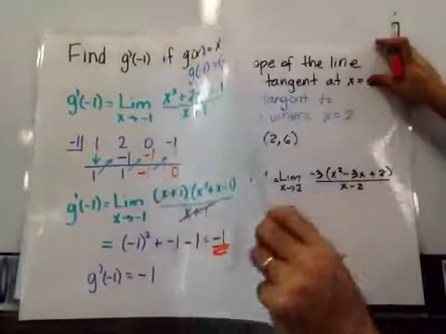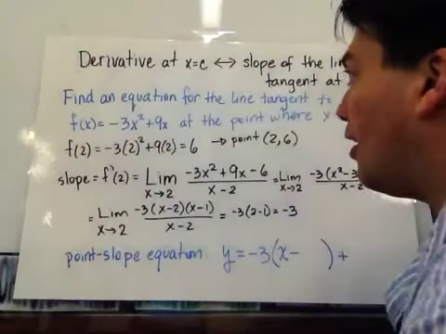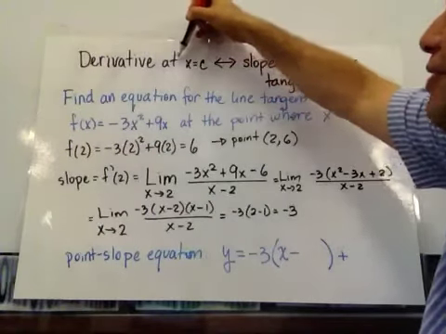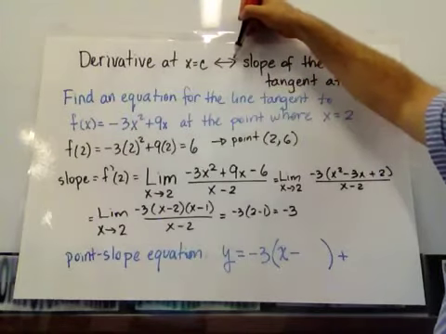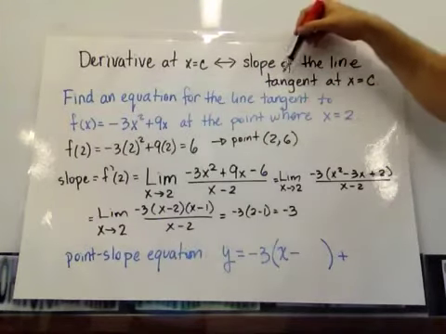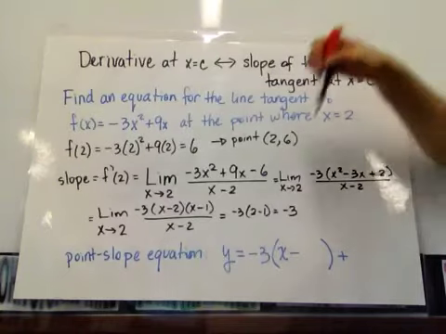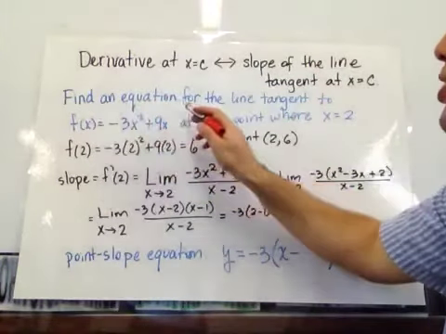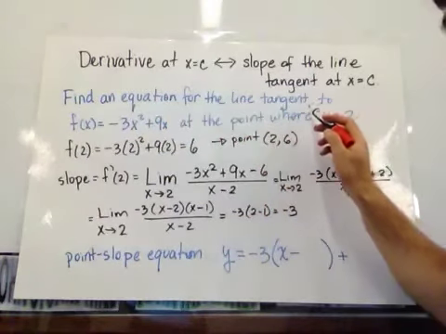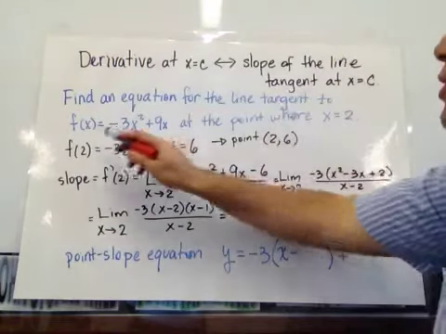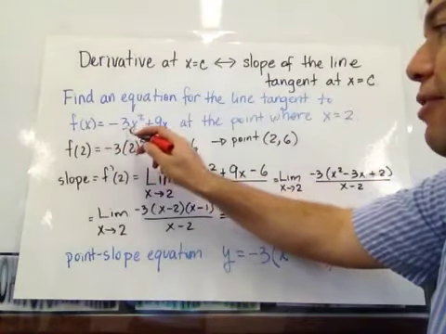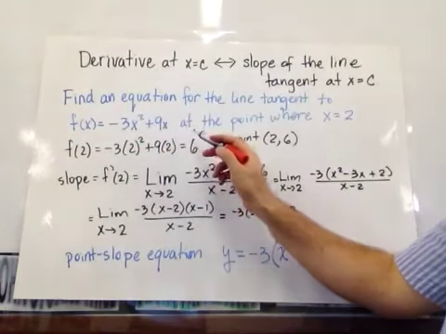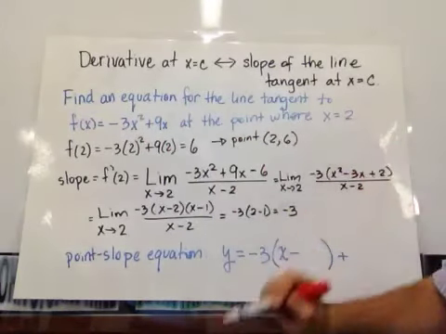I'm going to do one more. I have it here. The derivative at x equals c is equivalent to the slope of the tangent line at x equals c. So we have the question: find an equation for the tangent line, not just a slope, an equation, to f of x equals -3x squared plus 9x at the point where x equals 2.